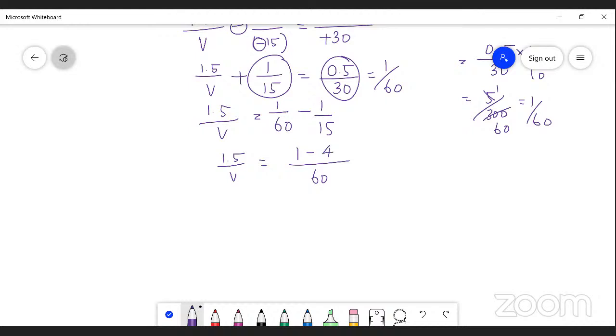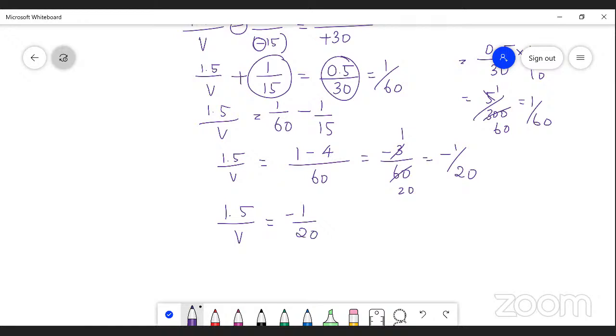So which is equal to minus 3 divided by 60. Cancel this, so which is equal to minus 1 divided by 20. So 1.5 divided by V is equal to minus 1 divided by 20.